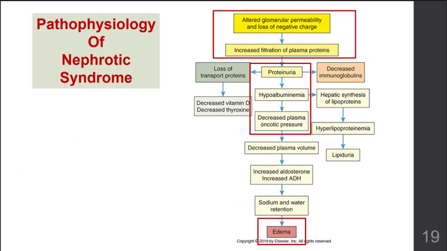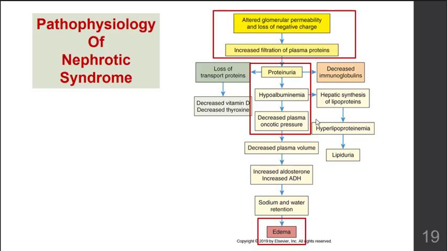This shows you the pathophysiology of what we just spoke about. And so in the red squares, you can see what you need to be aware of, which I already spoke about on the previous slide. So you end up with this change in negative charge, this increase in permeability, which allows for plasma proteins to seep through where they're not supposed to, which leads to excessive protein in the urine, reduced albumin in the blood, an overall reduction in plasma oncotic pressure.